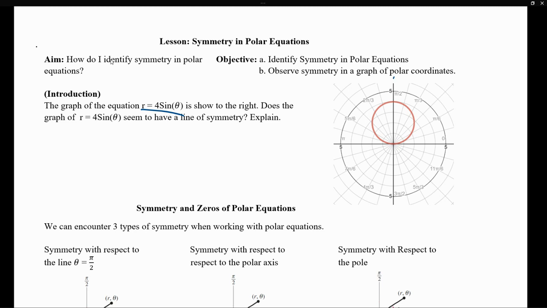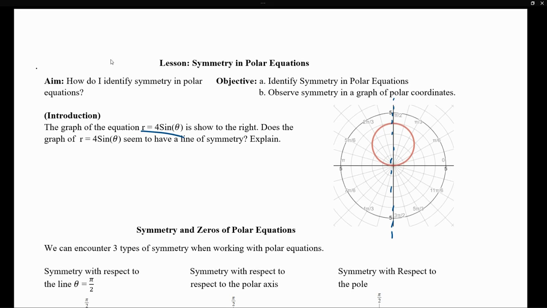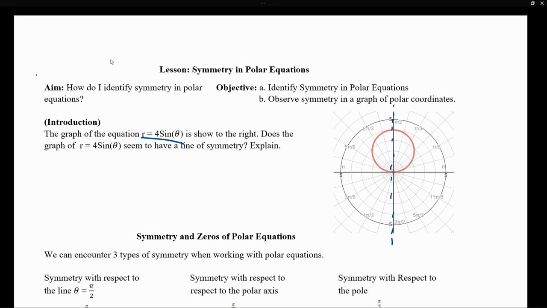Notice that this graph seems to have a line of symmetry over what can be seen as the y-axis, which again, we're not going to call the y-axis, because here we're talking about polar equations, so we only have either r or theta. How do I know that this seems to be a symmetry?